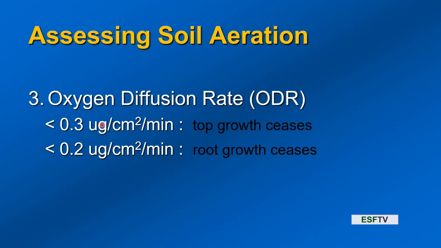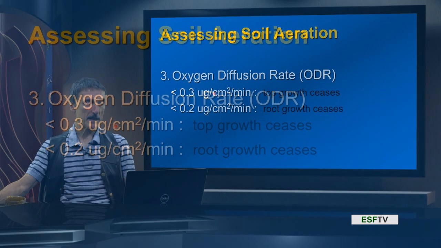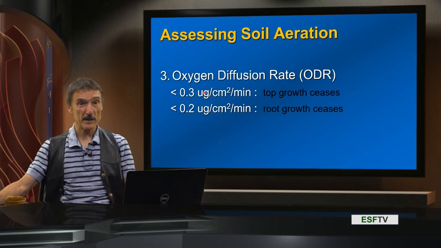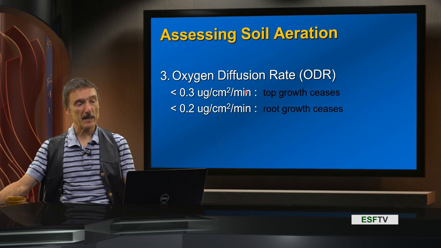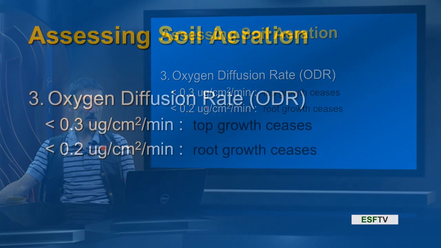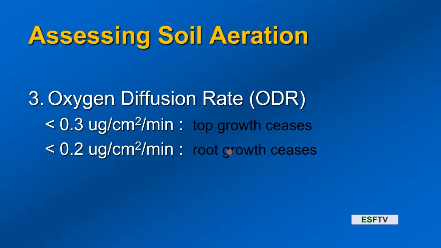This is the unit for a diffusion rate: amount, micrograms, per area, centimeter squared, per minute. Okay. So when we get below this cutoff, 0.3 micrograms per centimeter squared per minute, top growth of plants generally stops. When we get below 0.2, root growth ceases. Okay? So this 0.2 to 0.3, this is an important cutoff.